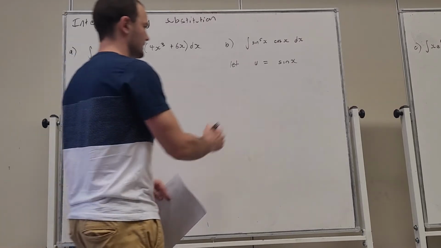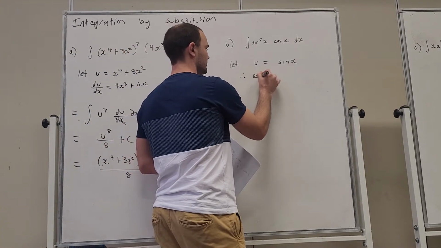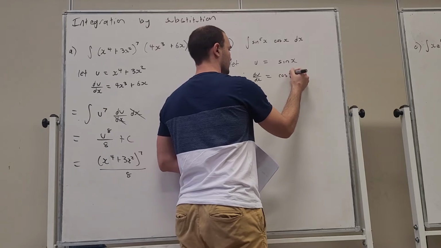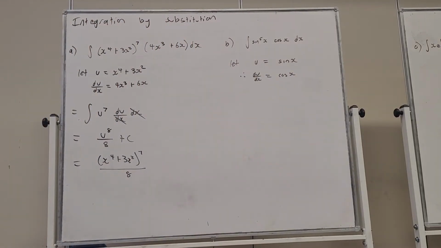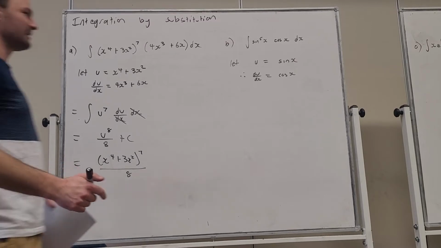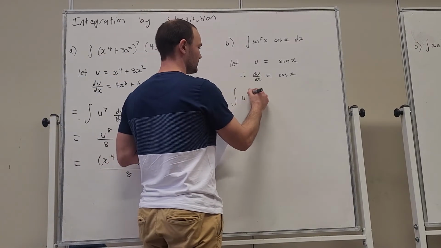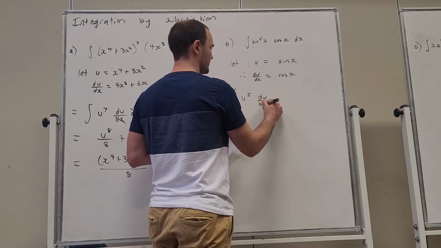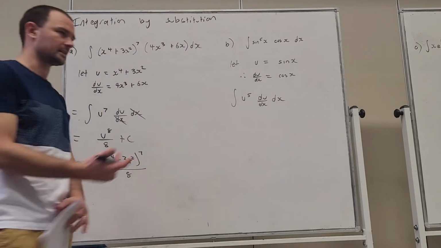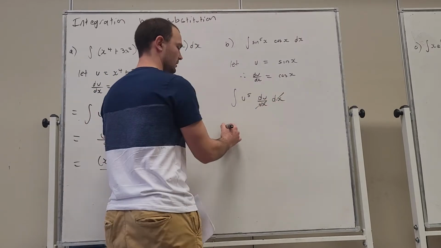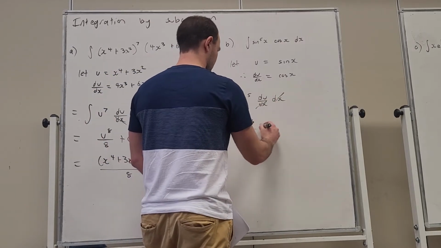So therefore, du on dx will be cos of x, because that's what it is. And so our integral statement becomes u to the power of 5 du on dx multiplied by dx. The dx cancels. u to the 6 on top of 6 plus c.